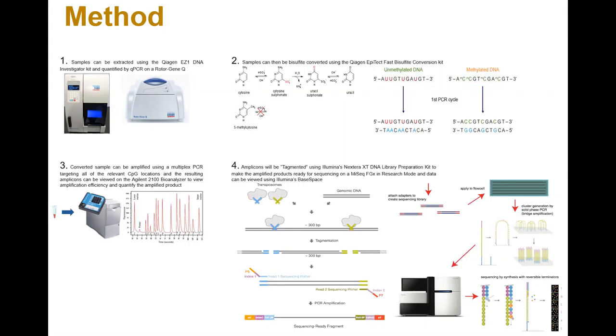I know that one of the bottlenecks in DNA methylation analysis for now is this bisulfite conversion process that lets us differentiate between the methylated and unmethylated strands of DNA in our sample.